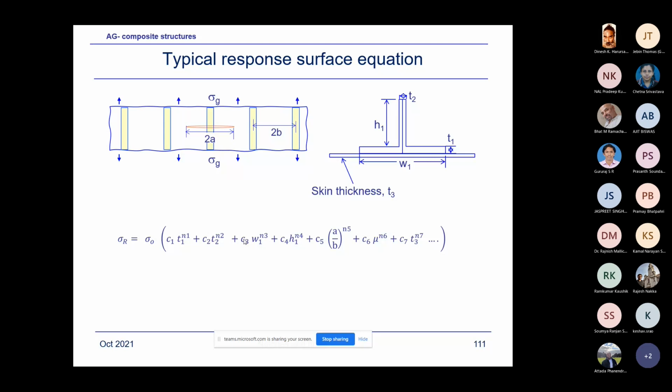Because that analysis is used not only in aerospace, but in lots of various places, and that's why some standard programs are available. Even in production, for optimizing the parameters, those types of programs are used.